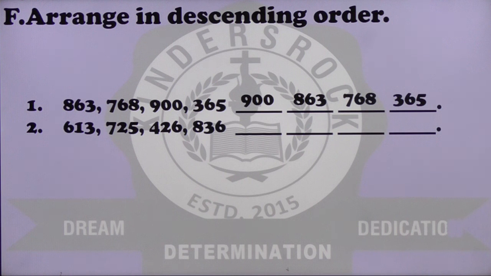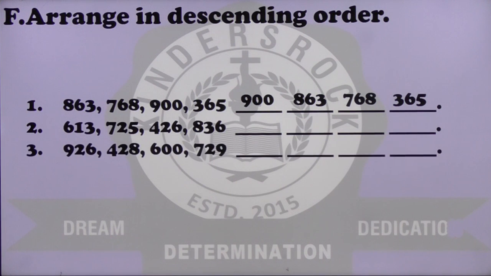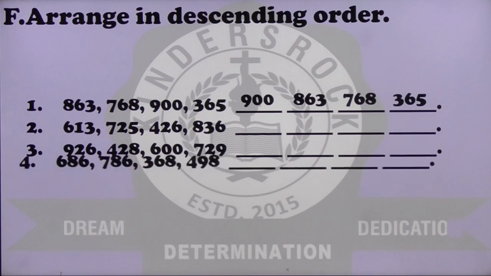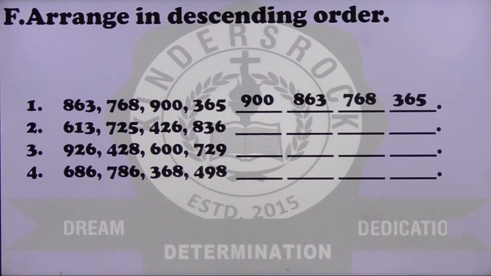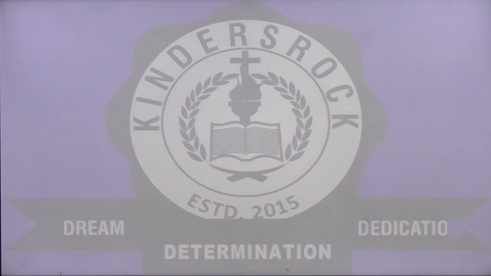You will have to write the biggest number first and then the smaller number that follows. Okay. So let us see another series. 926, 428, 600, 729. And there comes another series, that is 686, 786, 368 and 498.